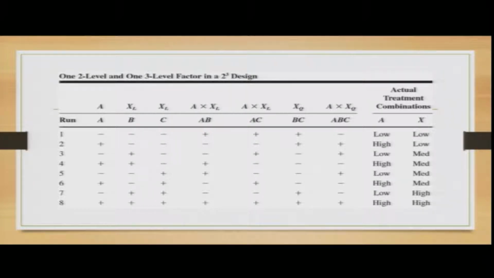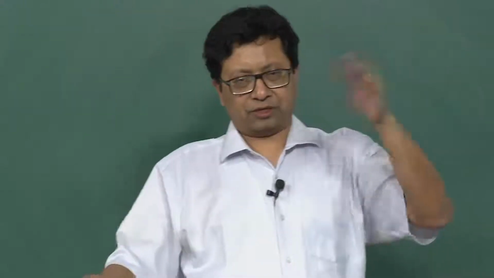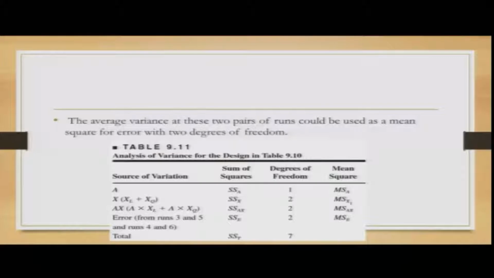So, we are now bringing the concept of low, medium, high into the picture through this different categorization. The average variance at these 2 pairs of runs could be used as the mean square of the errors.